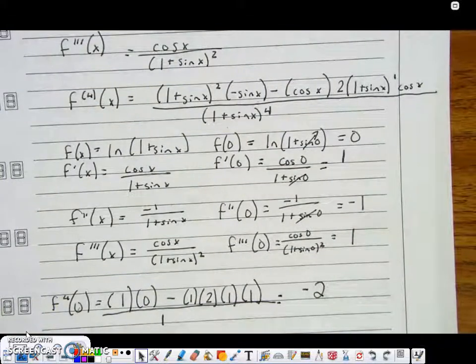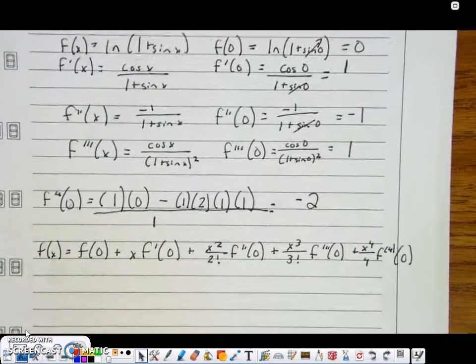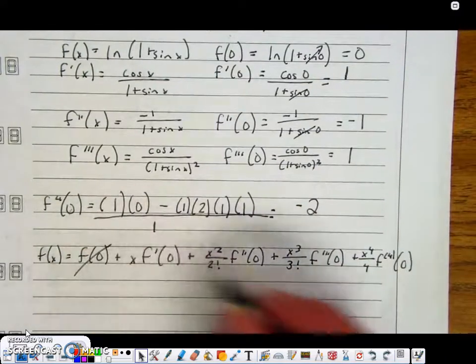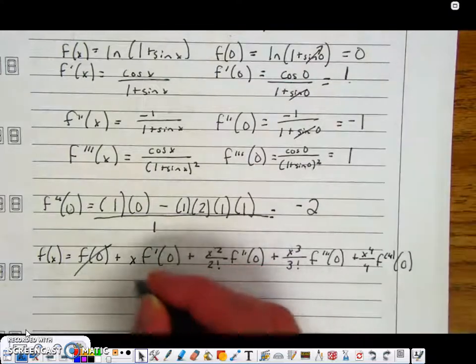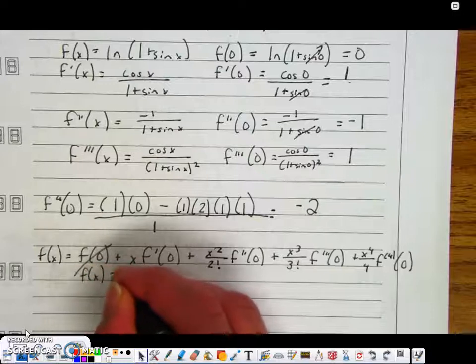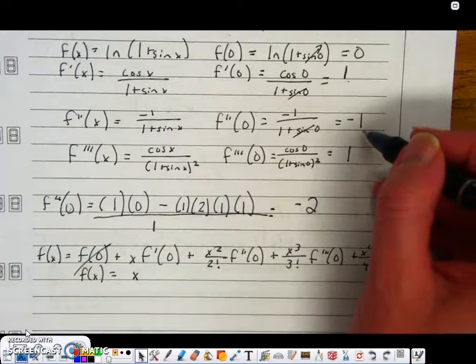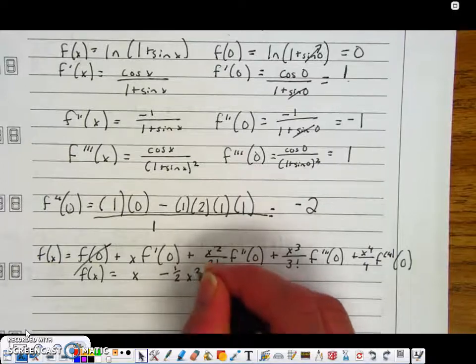Okay, so all of this comes out to be negative 2. And now we've got everything we need to substitute in and get our Maclaurin answer. Substituting all those values in, f of 0 was 0, so that's gone. F prime of 0 was 1, so this is 1x. F double prime of 0 was negative 1, so this becomes minus 1/2 x squared.